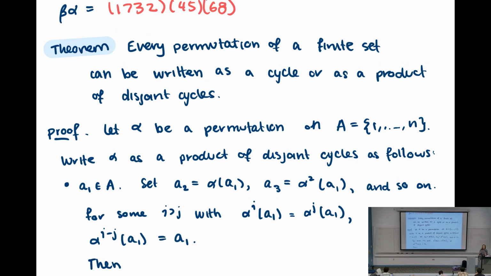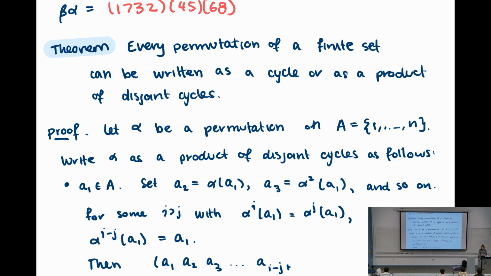Okay, so then we have our first cycle. We have that A1 goes to A2, A2 goes to A3, and so on up to A sub i minus j. Sorry, I just want to check that I got the indexing on this right.